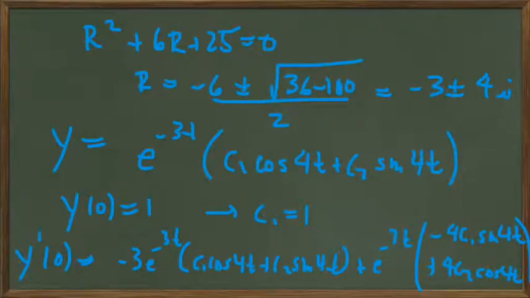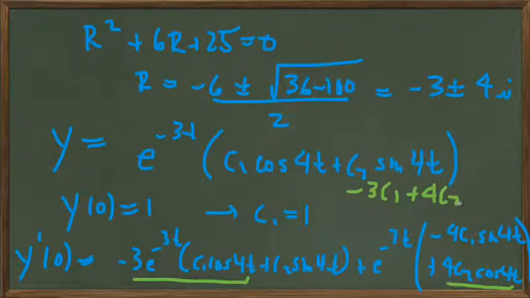And we're plugging 0 in, which gives us a non-zero term here with the cosine and the cosine here. So that's minus 3c1 plus 4c2 equals 0. Plugging in 1 for c1 gives us c2 is 3/4. So c1 was 1 and c2 was 3/4.